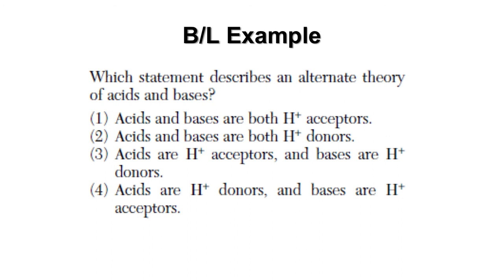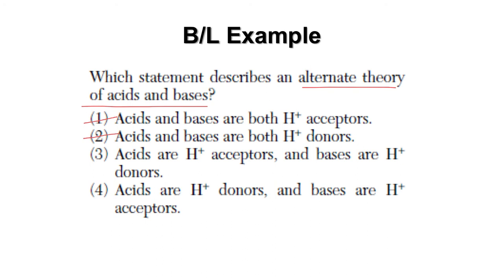Here is another question on Bronsted-Lowry theory. Again, they just said an alternate theory of acids and bases. So if we read through our choices here, it wouldn't make sense that acids and bases both do the same thing. So it would make way more sense that they have to do opposite things. So we can eliminate choice 1 and choice 2.